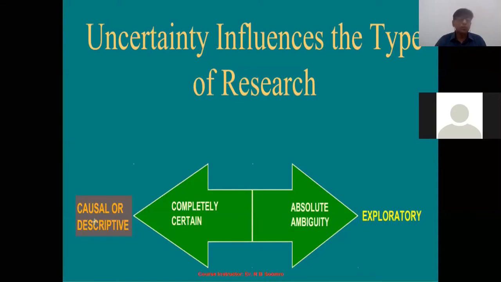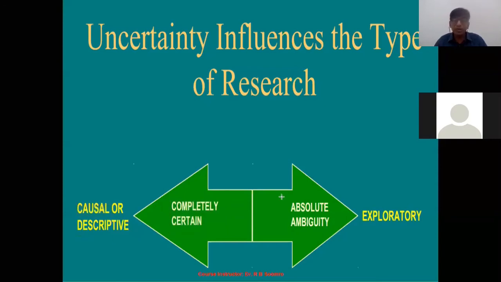Because if you understand, in causal research we discussed the 2 things, cause and effect. If you know both, then there is no problem. If you know both the cause and the problem, then that means you are completely certain. Then go and conduct this type of research.